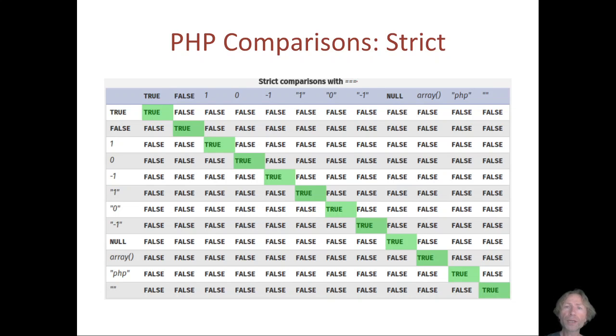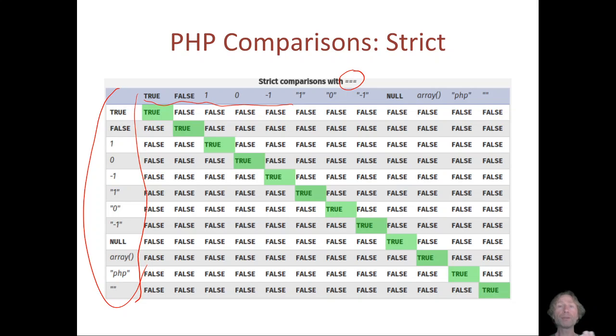So first we're looking at the strict comparison, so equal equal equal. And on the top here, you see some values, and on the left column, you also see some values, right? And we're going to compare them to each other, and then we show the result of that comparison. So if we compare a 0 with a 0, it will be true, obviously.